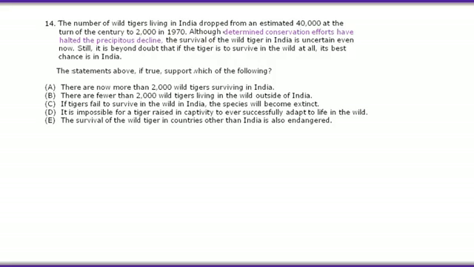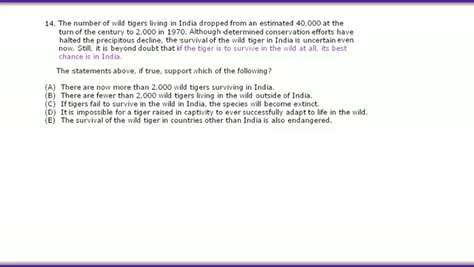But at least the precipitous decline has been halted. Finally, you learn that the survival of the wild tiger in India is still uncertain. And yet, the best chance of survival for the wild tiger is still in India. Now, one, and only one of the 5 answer choices must be true given the facts of this stimulus.